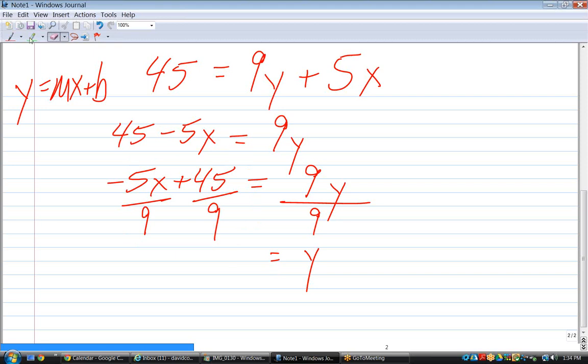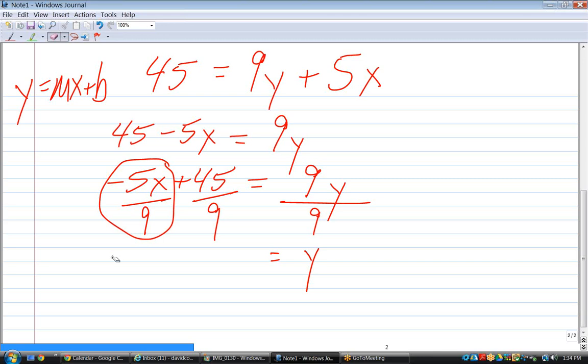The calculator automatically puts it into a fraction, but wouldn't it be 5 over 9 plus 5 equals y? Almost. What's this again? Would it be 5 over 9? What's this thing here? A negative, so it would be negative 5 over 9.